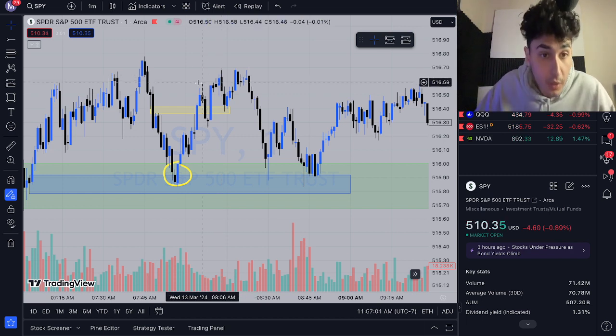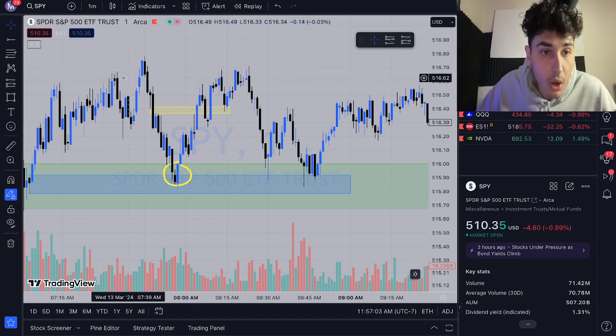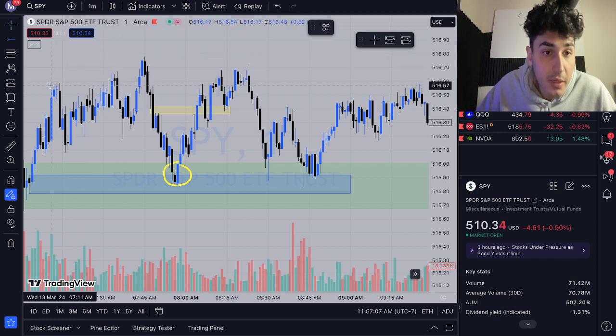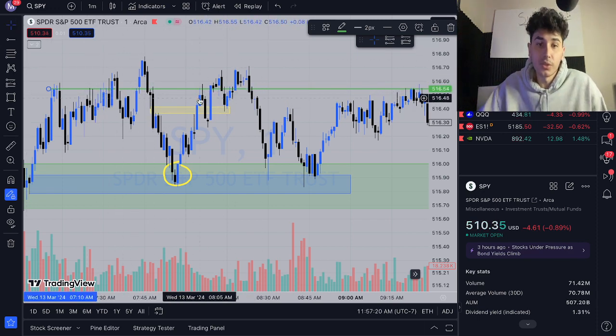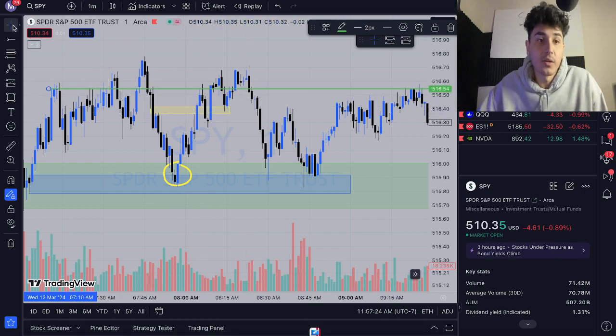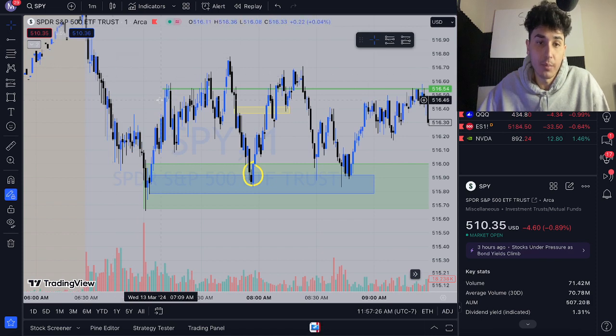And then you can also see we have a pretty strong resistance area right here. You can see we had a bunch of selling pressure, a bunch of rejections right at this resistance here. So I would also basically just use either this resistance or this fair value gap as one of my take profits, right?